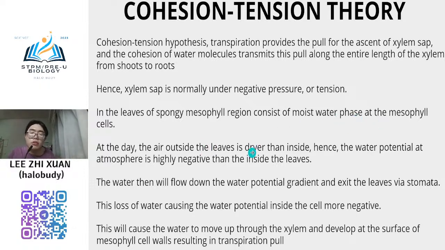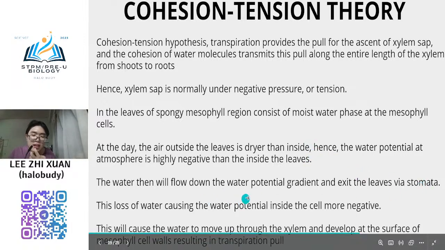Why? We know that the atmosphere is very dry. Its water potential is highly negative, very low. So the water molecules in the leaf will be evaporated out through the stomata. This causes the water potential inside the cell to become more negative again.